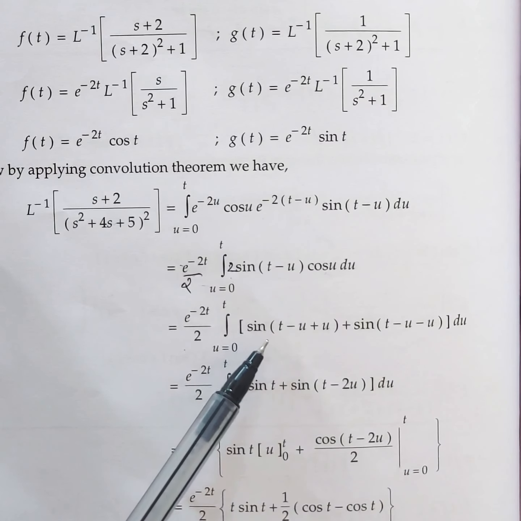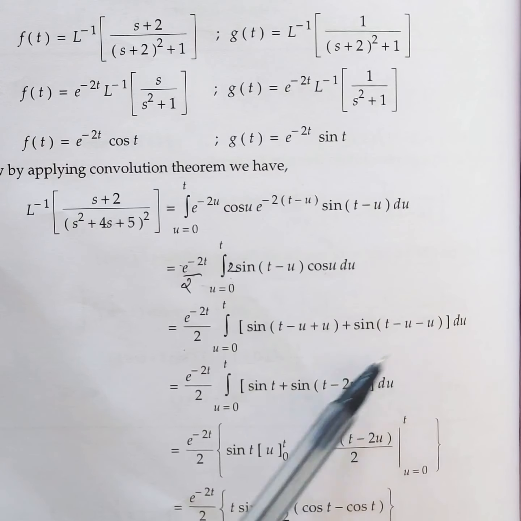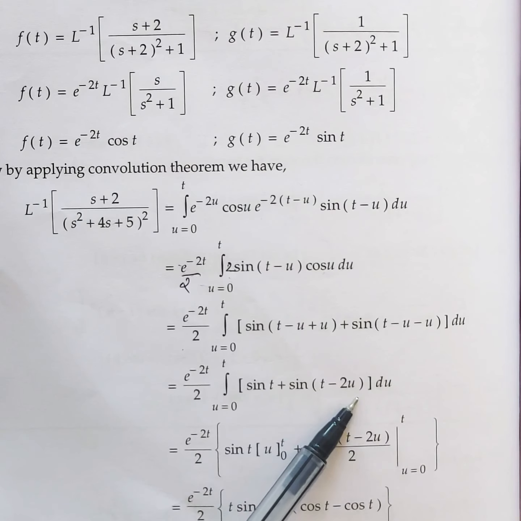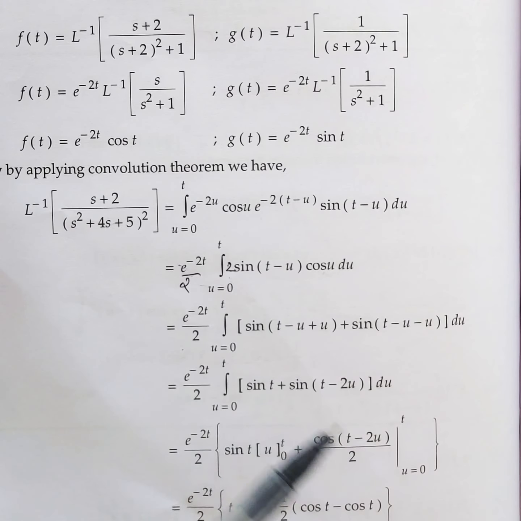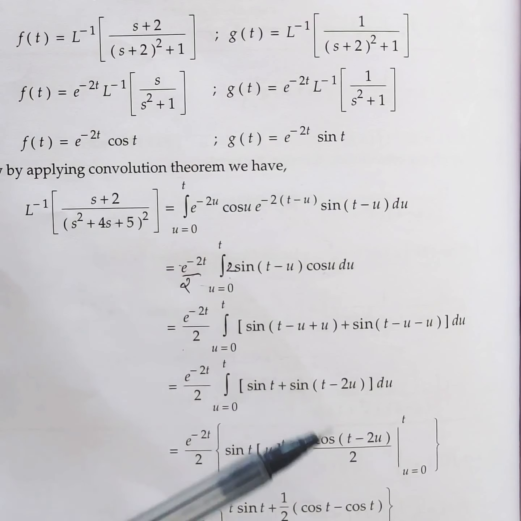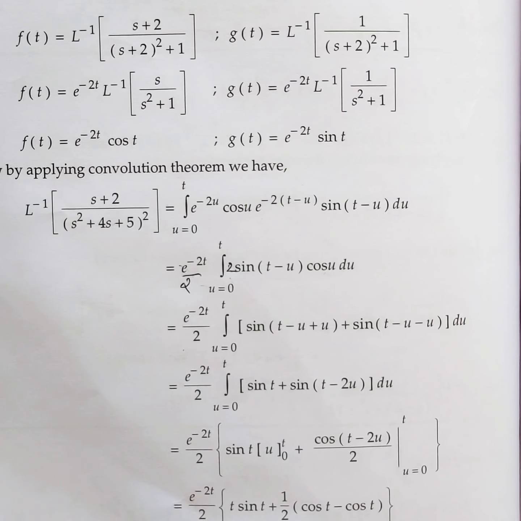So sin a plus b plus sin a minus b, this is the formula. U and u will get cancelled, sin t, sin of t minus 2u. Automatically the problem will shrink if you apply the correct formula. That's the secret over here. The convolution problem is not lengthy, it's very small. So you have to choose a problem wisely.